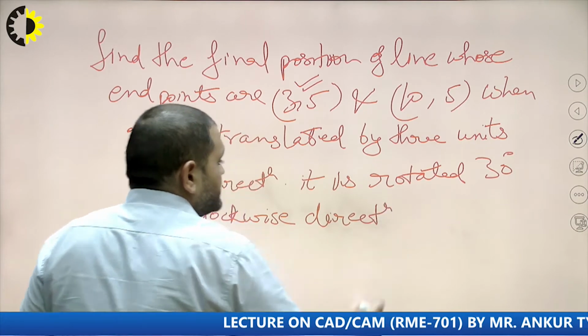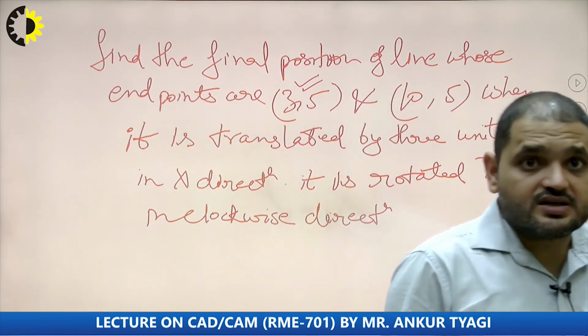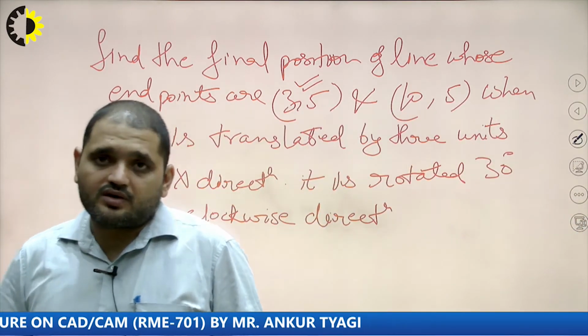Which means first we have to translate in the x direction by 3 units, and then we will rotate this line by 30 degrees in the clockwise direction.